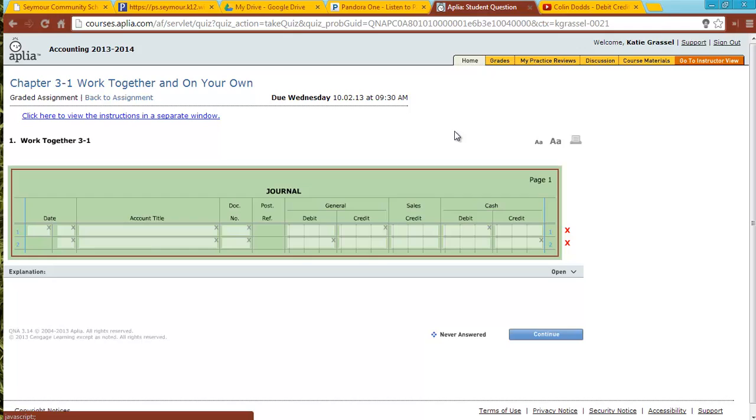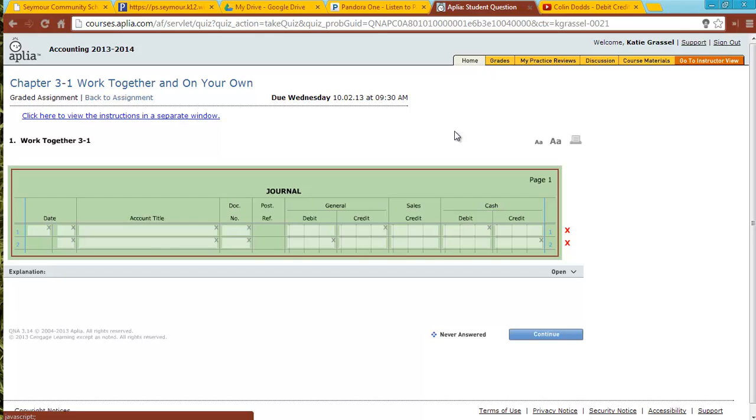Okay, so if the transaction was really 100, if I just typed in 100, it would automatically put in the 0.00 for me. But you have to make sure that you include cents. If you were handwriting on a piece of paper, you can't just leave the cents off. What you need to do is point and do 00, or you can do point and dash to indicate that there are no cents for it.